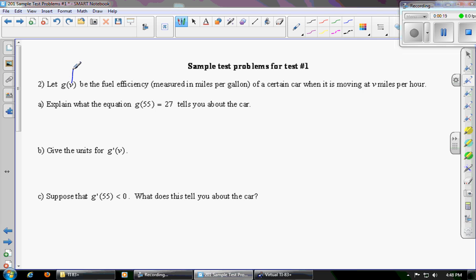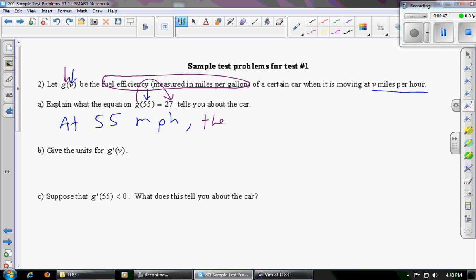All right, so the V is the thing in the parentheses, and that's the velocity in miles per hour. So the thing in the parentheses must be the velocity of the car. So when the car is moving at 55 miles per hour, and then the other piece of this is the 27, and so the 27 is the G value, and the G value is the fuel efficiency in miles per gallon.